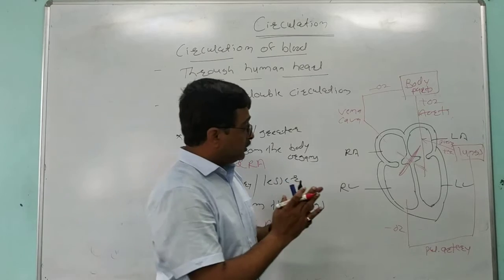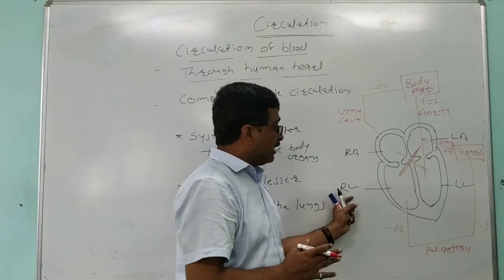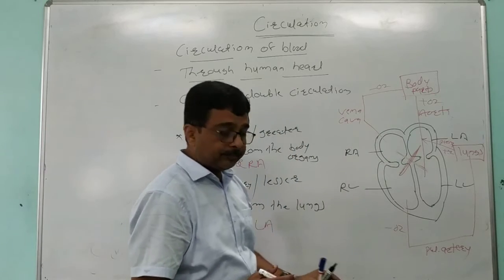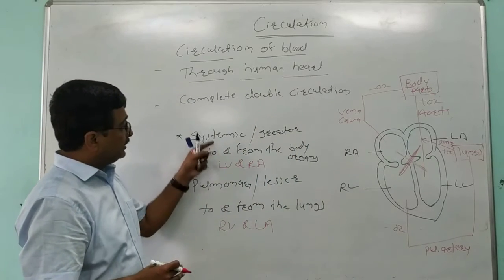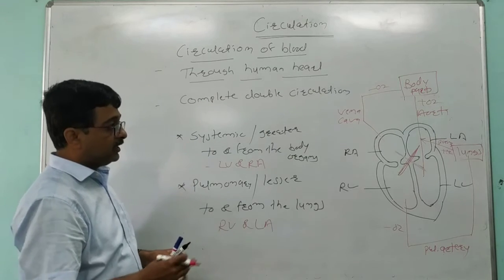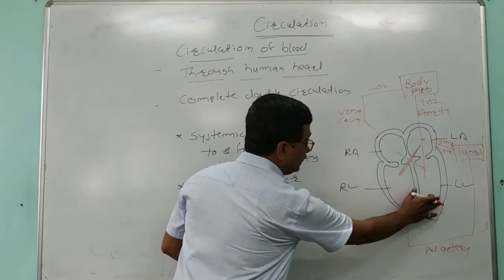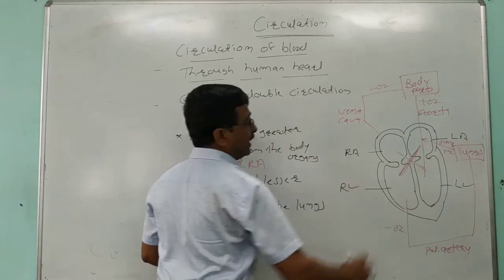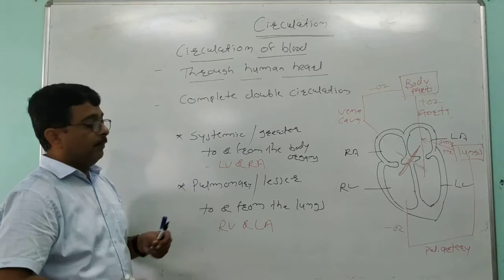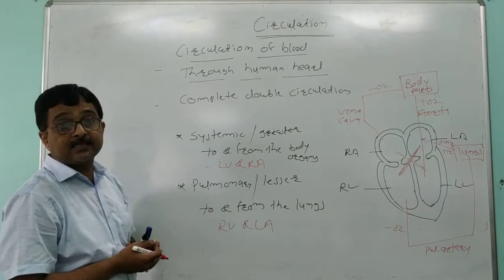Now, we have separated the right side of the heart and the left side of the heart completely. But the chambers which are involved in systemic and pulmonary circulation are one from the left side and one from the right side, vice versa.